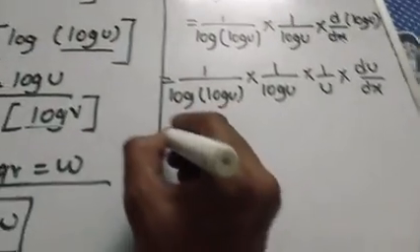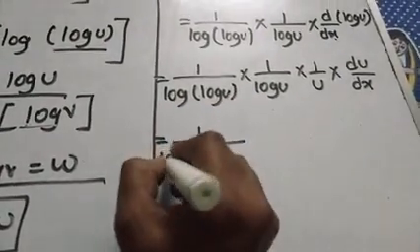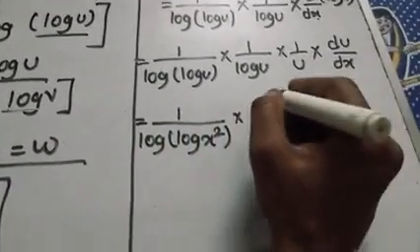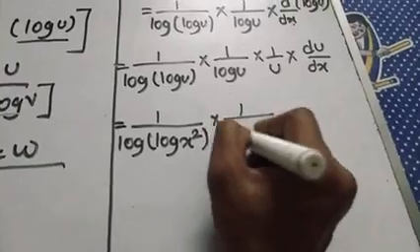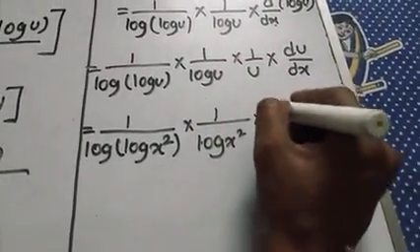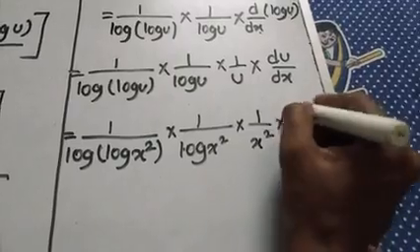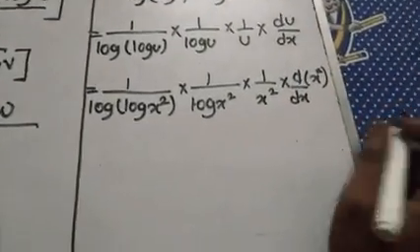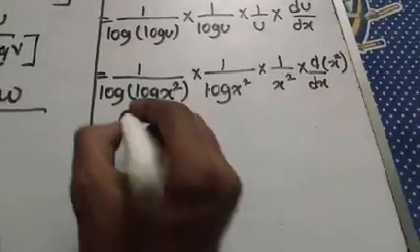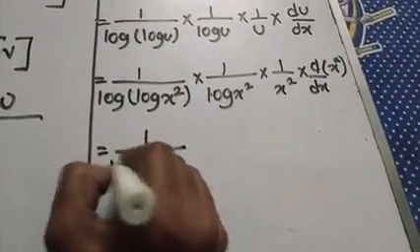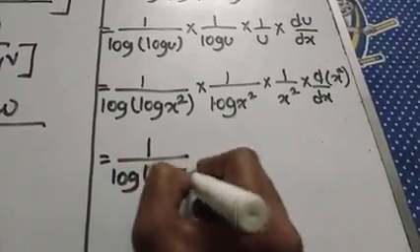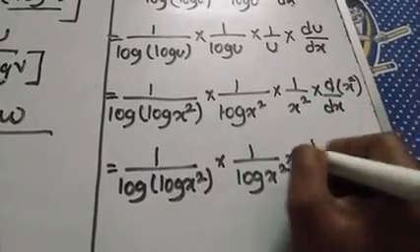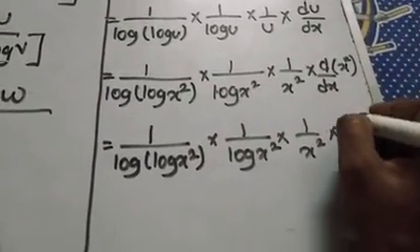Now putting the value of u, what was the u for us? X square. Now d dx of x square, 2x, that is 1 by log x square, 1 by x square, and here 2x.